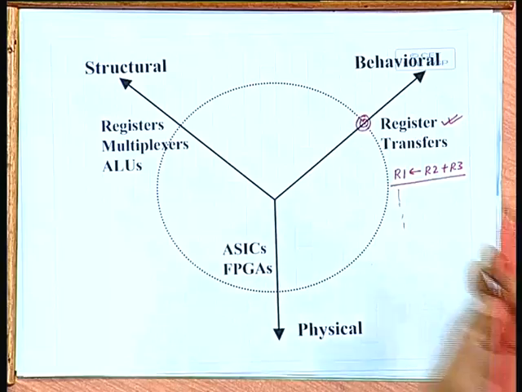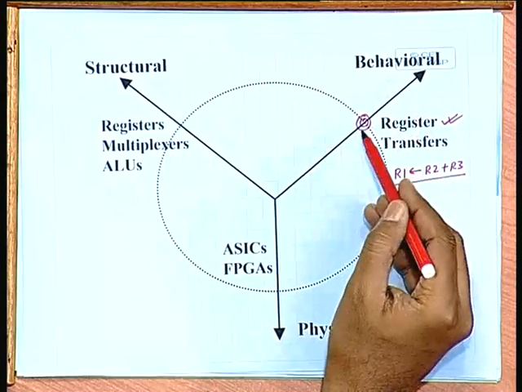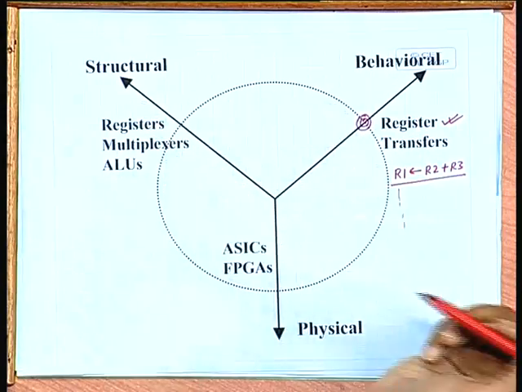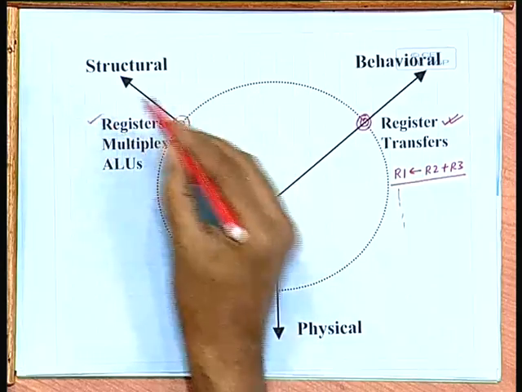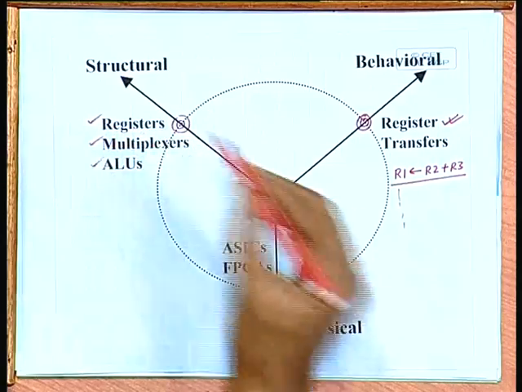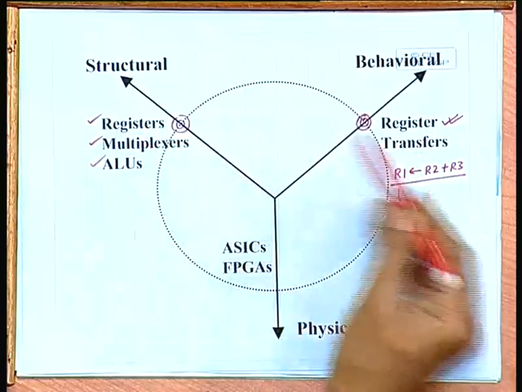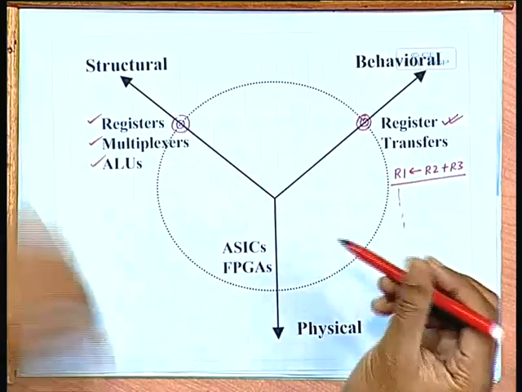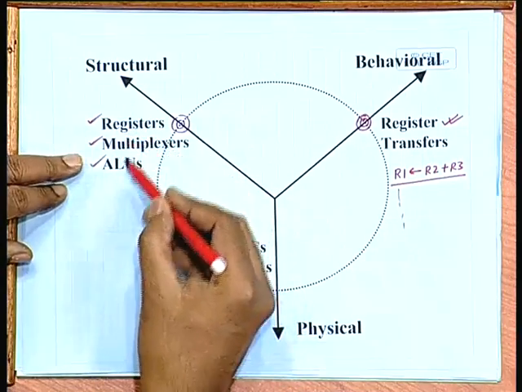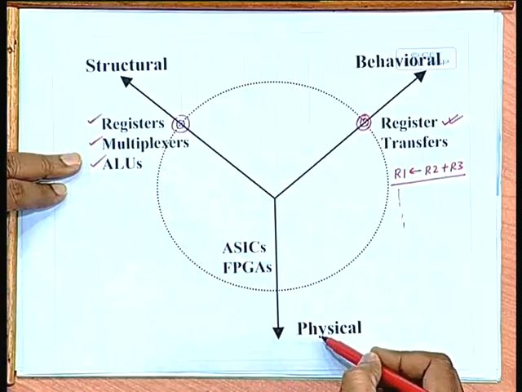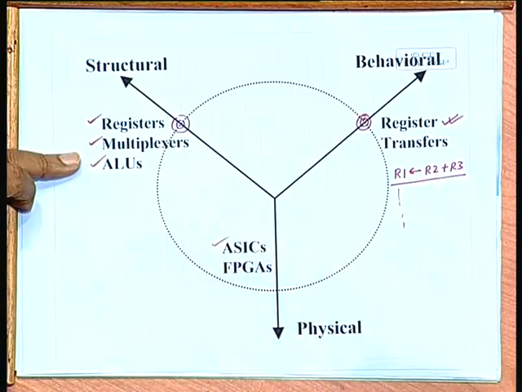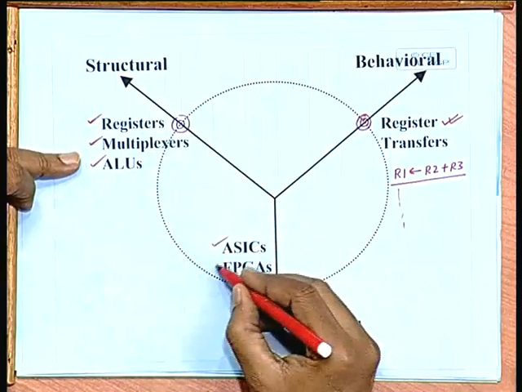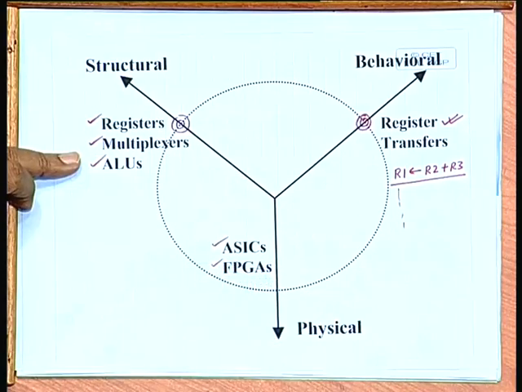Now, this register transfer level behavior, when we translate into structure, we get a design where the blocks are registers, multiplexers, ALUs and similar register transfer level components. Similarly, when you map them into the physical implementation, you can either have an application specific integrated circuit or you can have a prototype on a field programmable gate array.